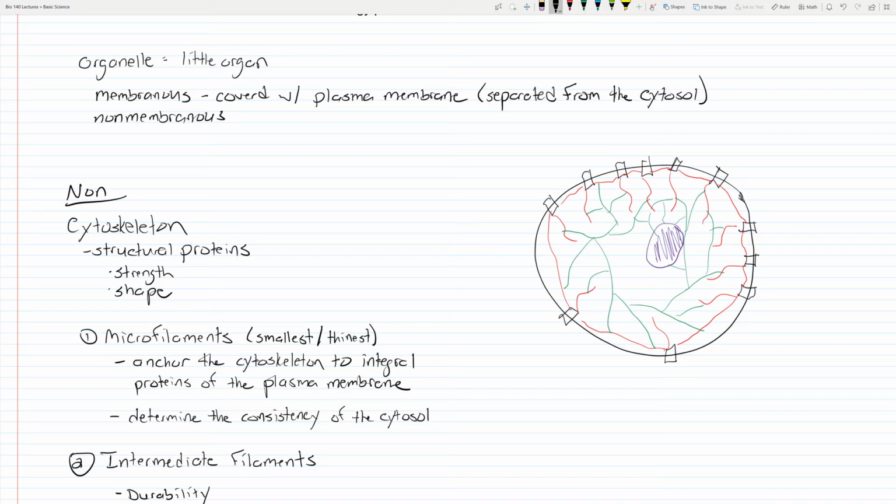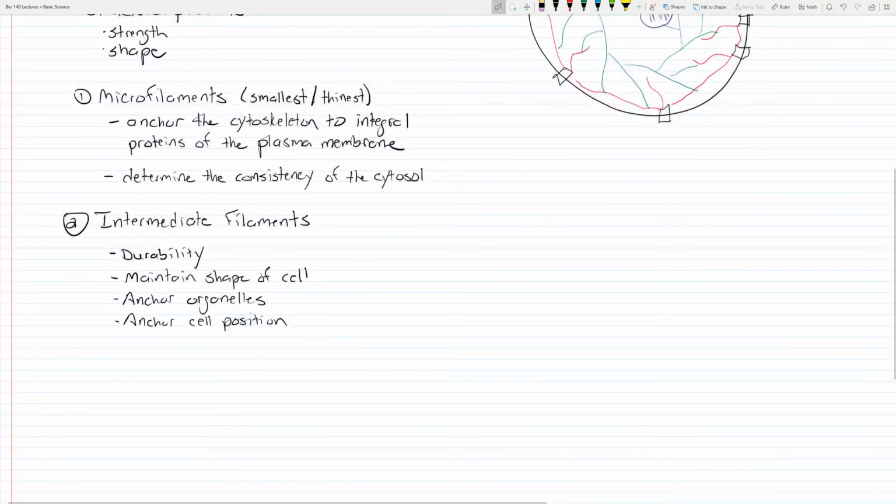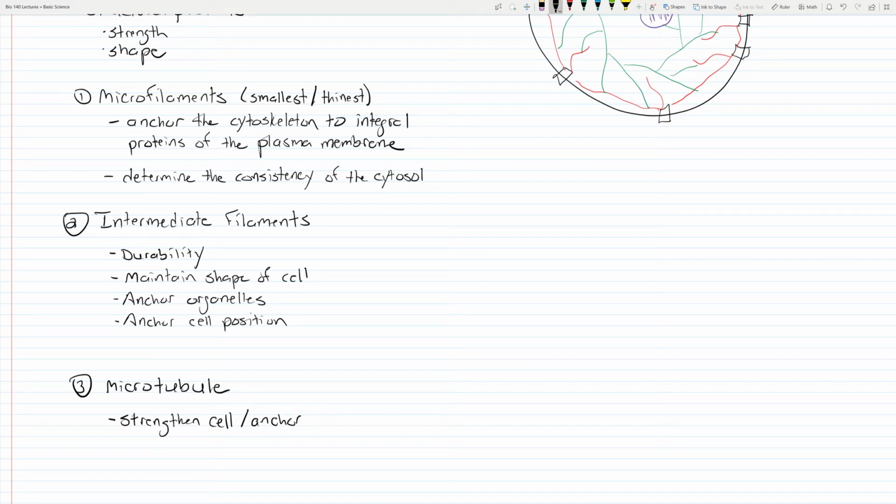And then we have the one that's actually, I think, the most important. We have the microtubule. Okay, the job of the microtubule is to strengthen the cell and to anchor organelles. The microtubules are responsible for changing cell shape.